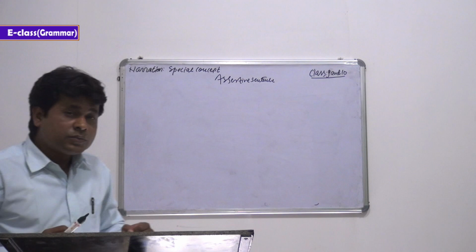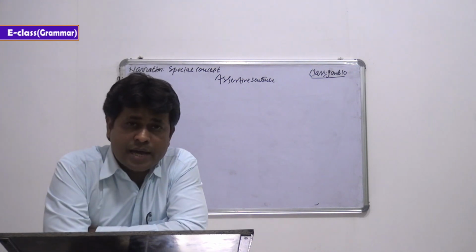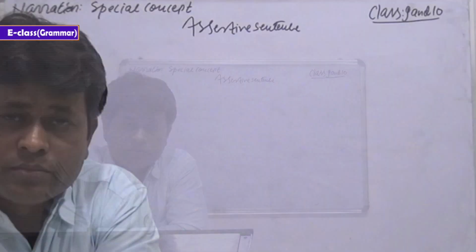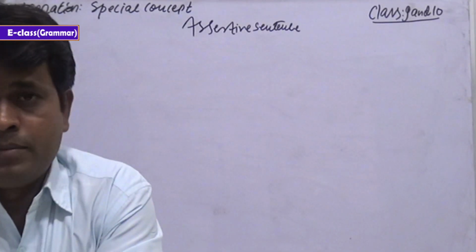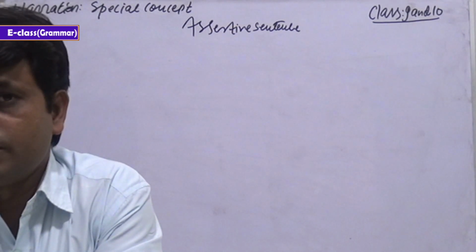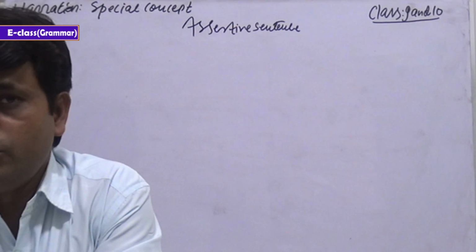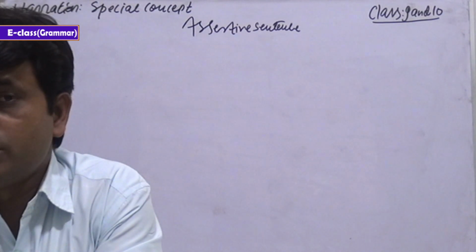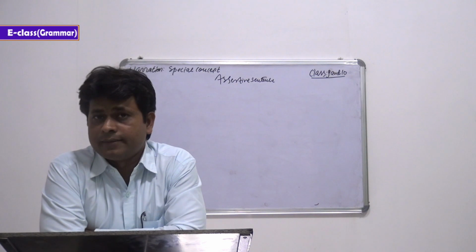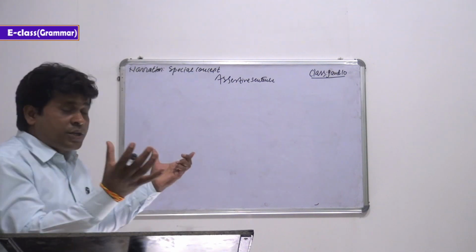Before talking about the change of narration of an assertive sentence, you students must know what an assertive sentence is first. Only then can you change the assertive sentence from direct to indirect. So, what is an assertive sentence?